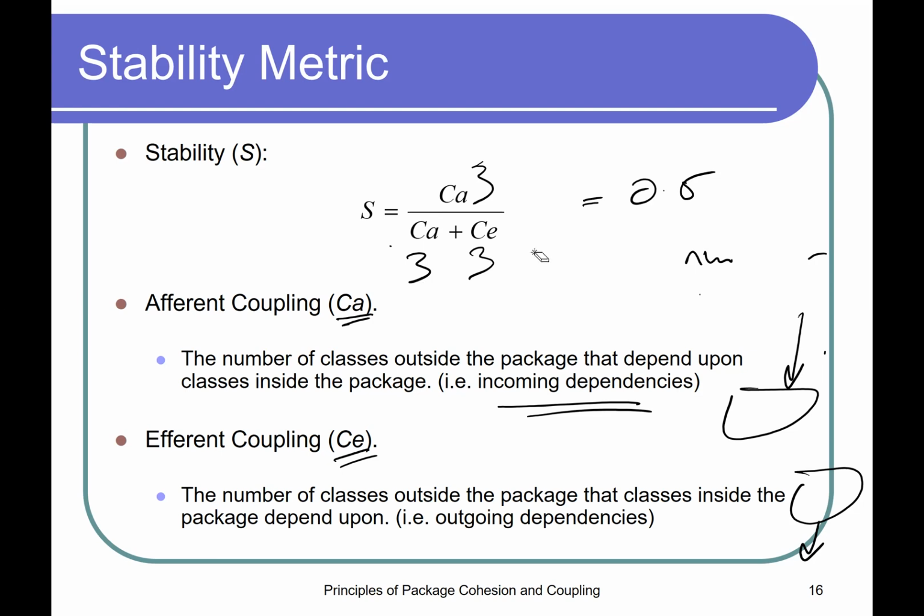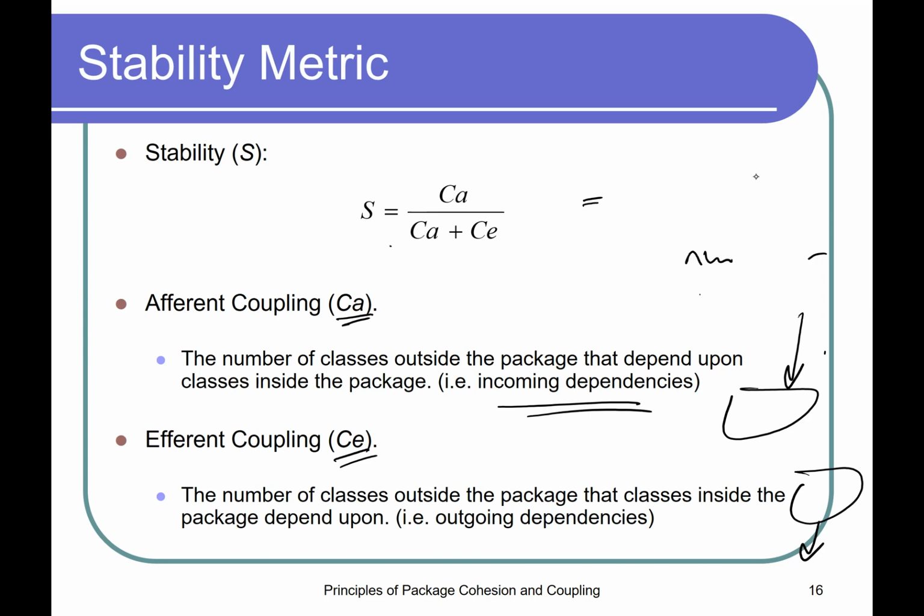Let's just say what's going out is much more than what's going in. So CE is very high, CA is very low. What would be the output? The result is always going to be between 0 and 1.